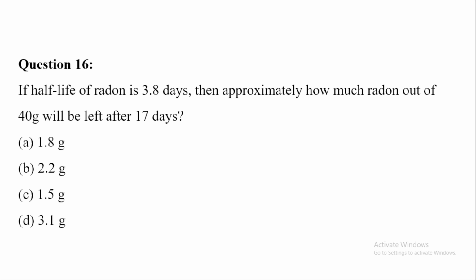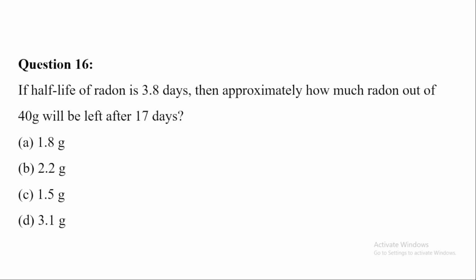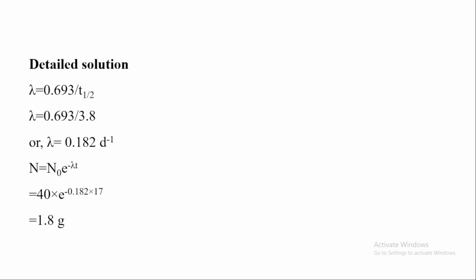Again the same formula we can use. Half life is given, so we can calculate the lambda value, the decay constant. The decay constant is 0.693 divided by T half, that is 0.693 divided by 3.8.